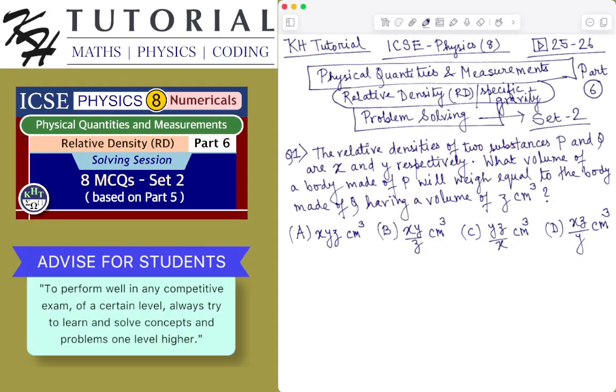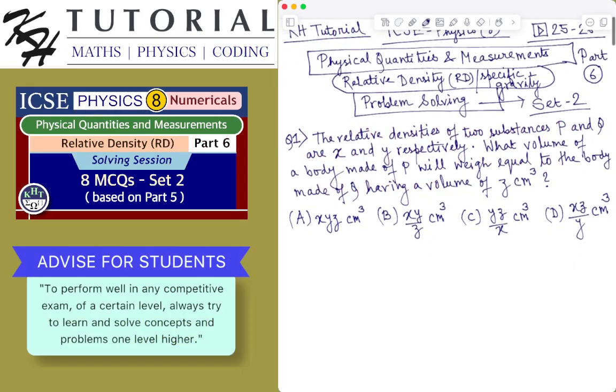Okay, so the first problem says the relative densities of two substances P and Q are X and Y respectively. What volume of a body made of P will weigh equal to the body made of Q having a volume of Z centimeter cube?